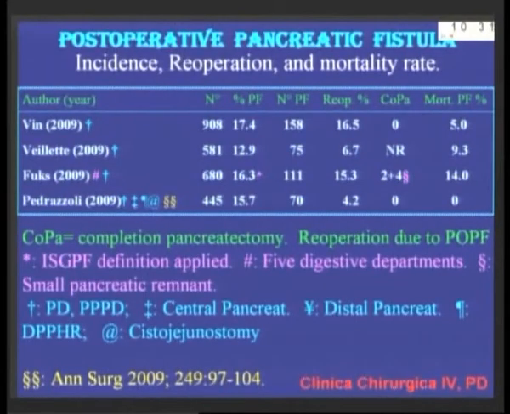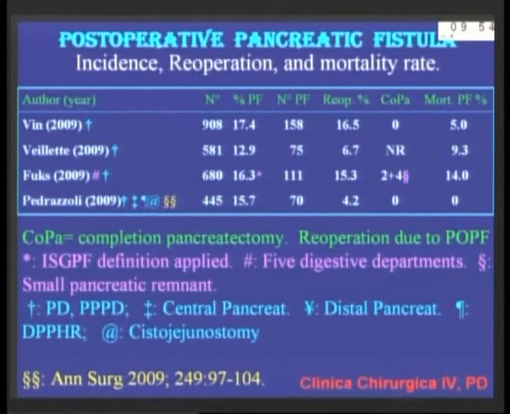Last year, I published 4 series. We published our series on 445 patients with a fistula rate that finally was similar among the 4 groups, from 12.9 to 17.4. There is no great difference, but only one of this group applied ISGPF criteria.